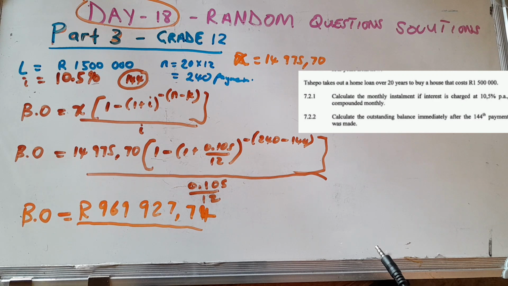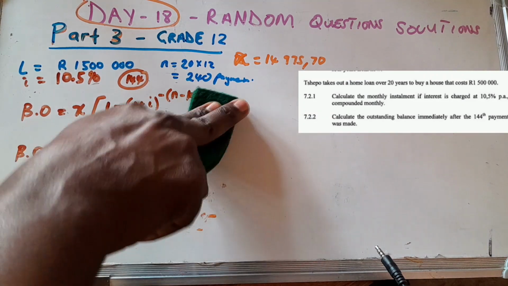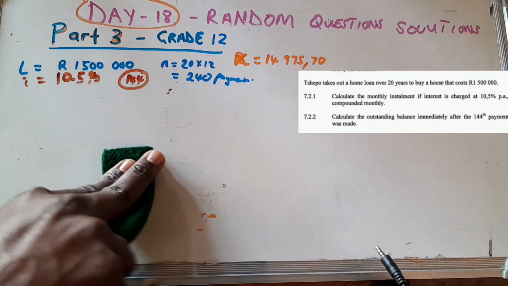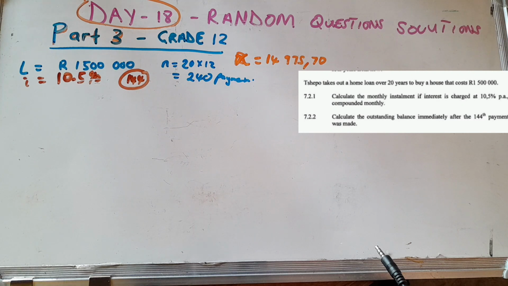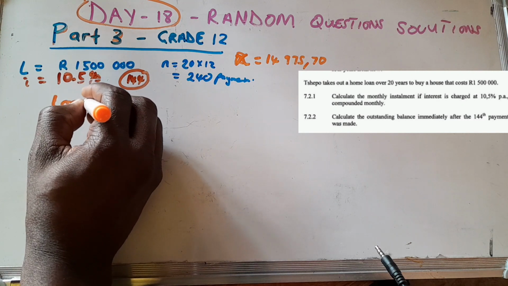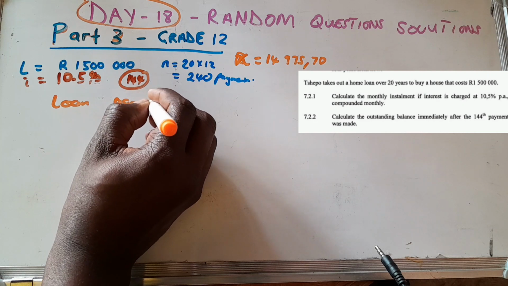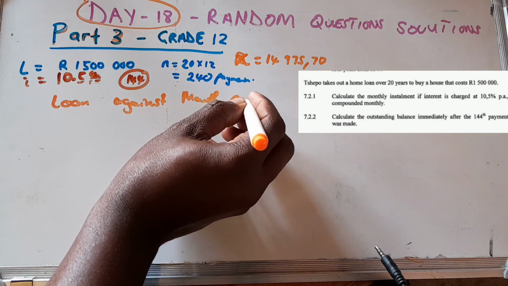So let me show you the second way, which is a bit complicated but so much enjoyable to work with. It will give you joy. If you master this, you just love financial mathematics. So the other way that you can use is your loan against your monthly payments.